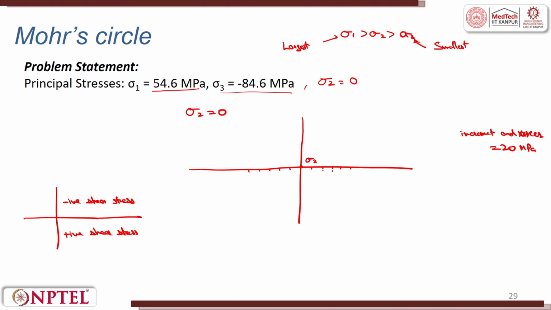Between 40 and 60 I will get my value of sigma 1, which is maximum, that is 54, it is here. Sigma 1 is equal to 54, and if you go behind, just close to 80, I get my value of sigma 3. So, I can draw 2 Mohr circles here in between a bigger Mohr circle.